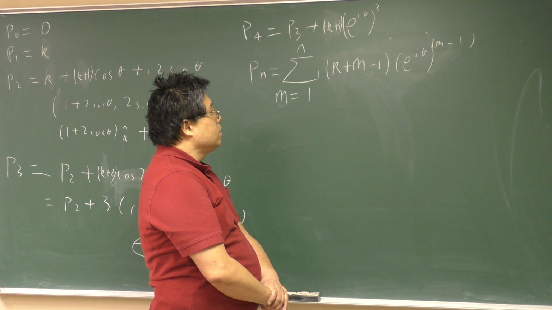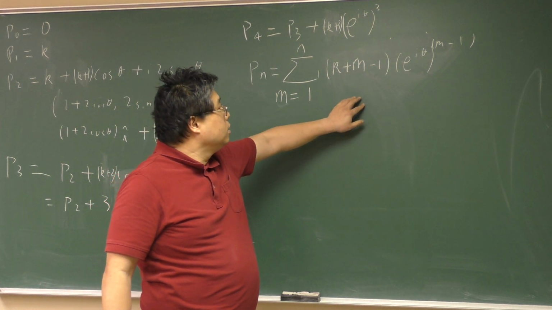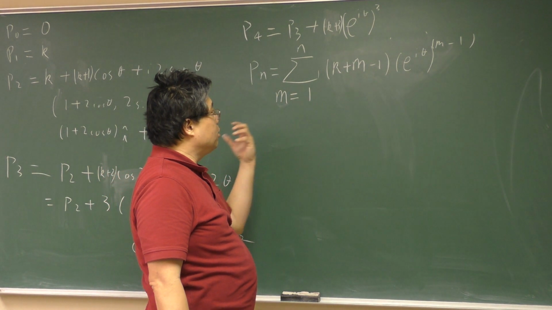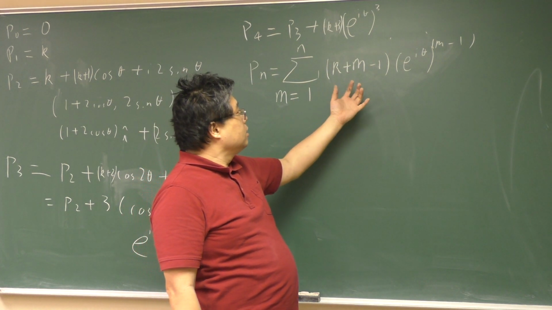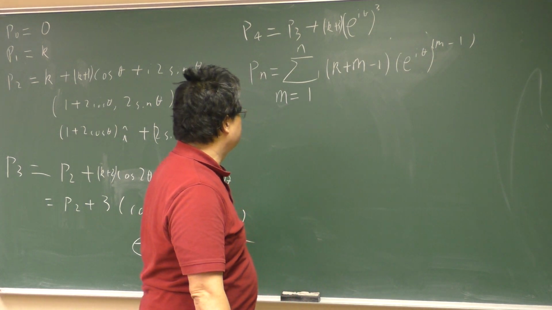So let us take advantage of the fact that whenever you have a summation, we could take out the parts, that is, we could actually divide the whole thing where we have a plus or minus sign.